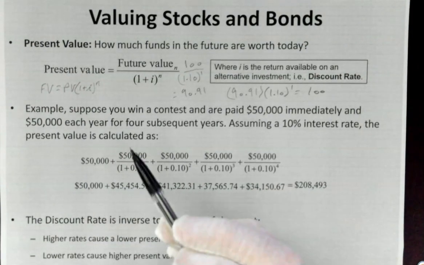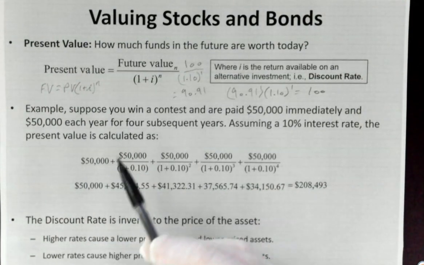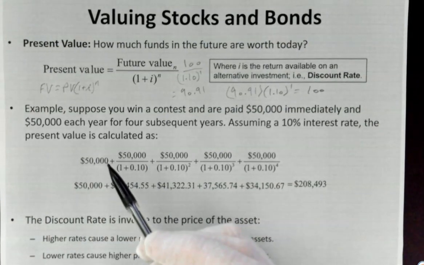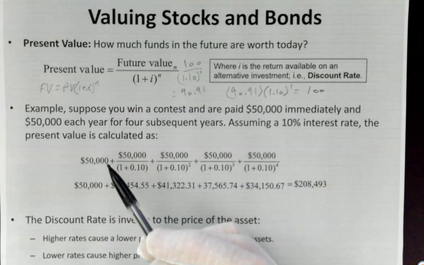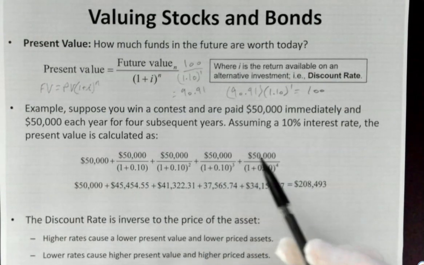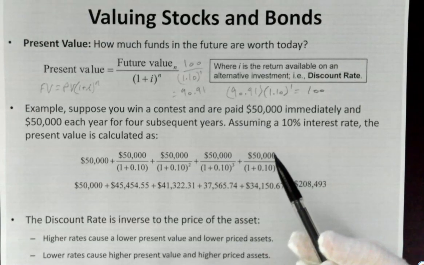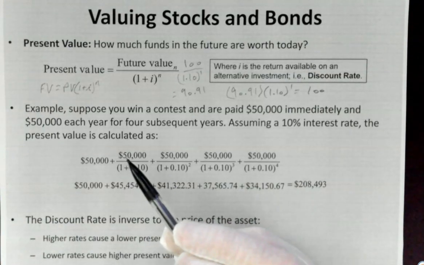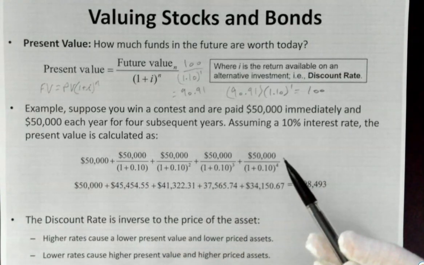If you have a contest in this case that provides you the future income streams of $50,000 right away, which is a present amount, but then $50,000 1 year, 2 years, 3 years, and 4 years from now, then in order to determine the value of that contest in today's terms, you'd simply need to add up the present value of all of these payments.